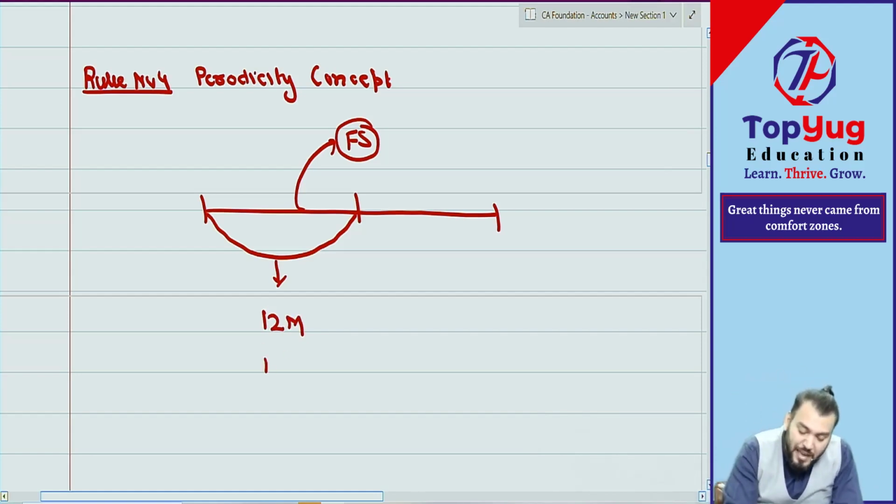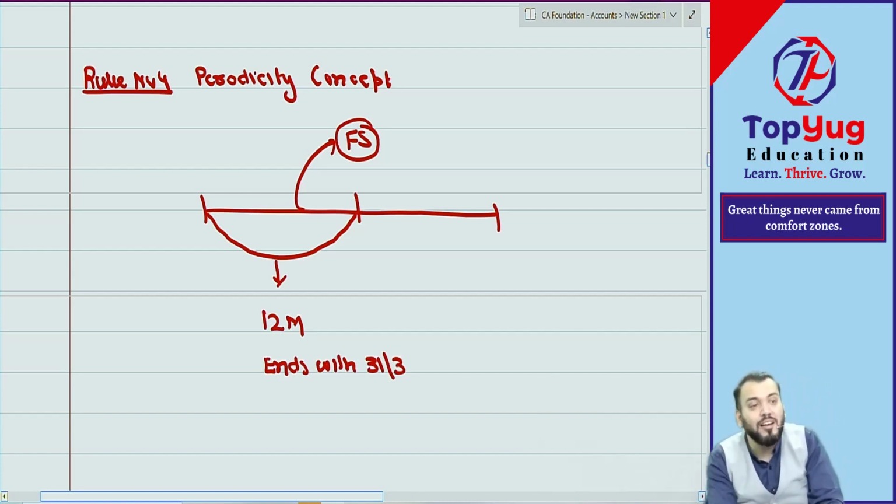And this 12 months ends with 31st March. We do not follow the calendar year, we follow the financial year. Understood? Because of our act or whatever. So we prepare our financial statement starting from 1st April, ending with 31st March.